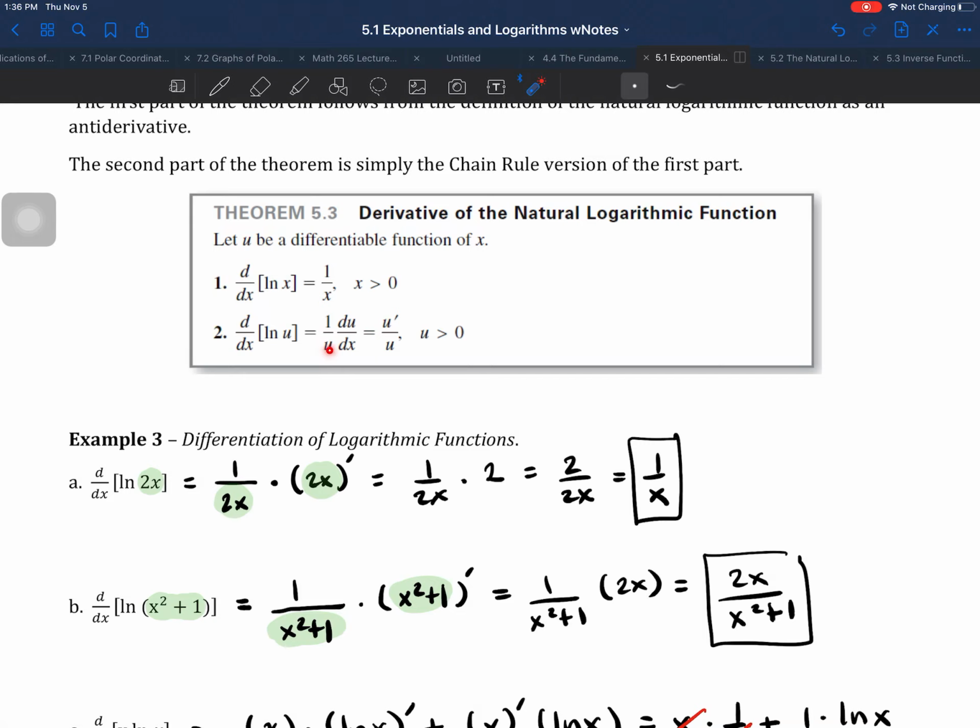Whatever the inside is will be copy and pasted here as a denominator. And then what does the chain rule say? Multiply the whole thing by the derivative of the inside. The derivative of the inside is the derivative of u with respect to x. In other words, the derivative of natural log of u will be u prime over u, the derivative of the inside over the inside.